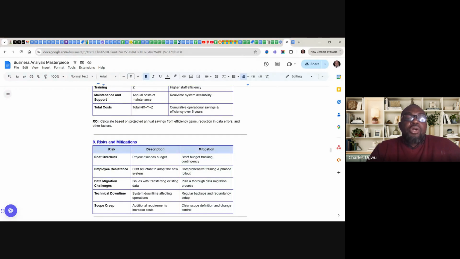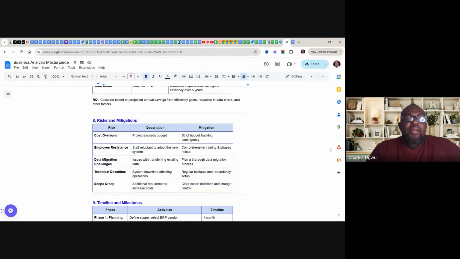Then we'll capture risk and mitigation. The anticipated risks we captured here: number 1, cost overrun, where projects exceed budget. Mitigation is strict budget tracking and contingency. Then we have employee resistance, staff reluctant to adopt the new system.